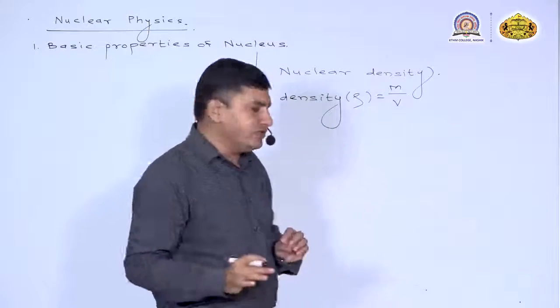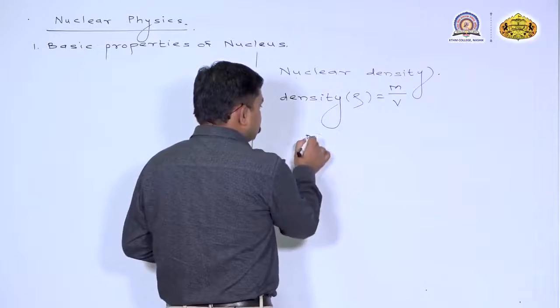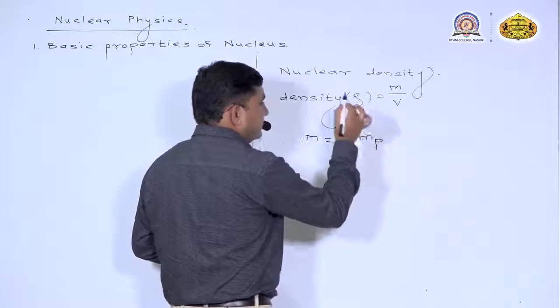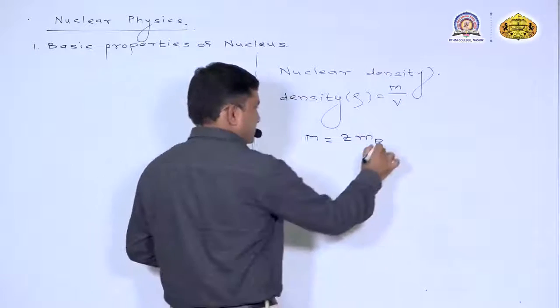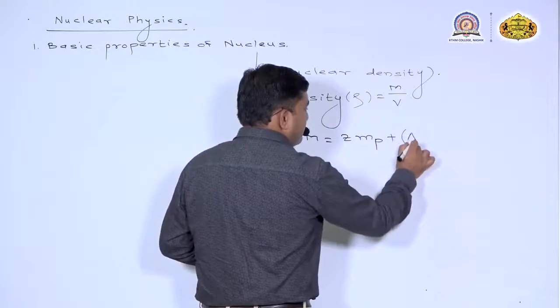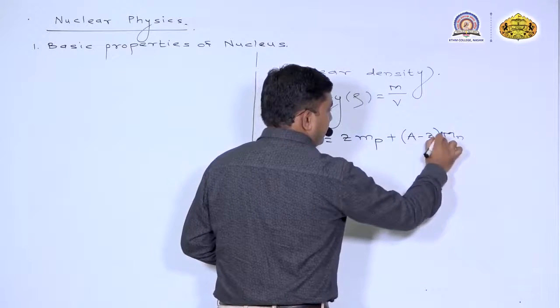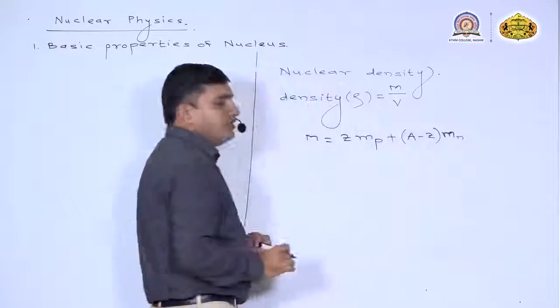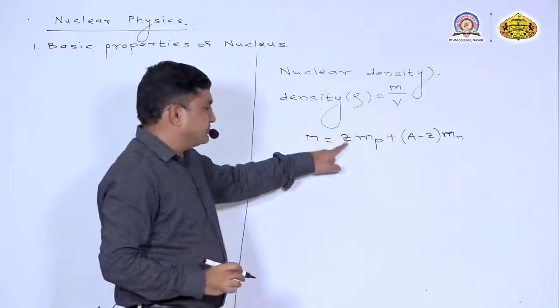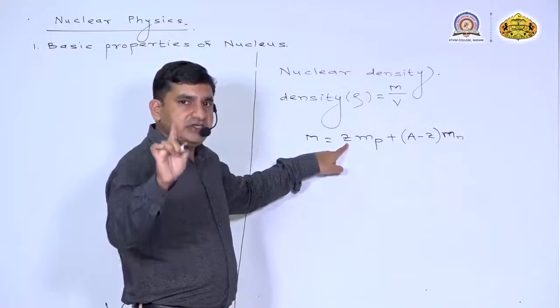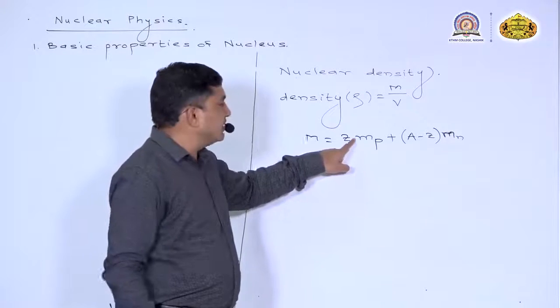The mass of a nucleus is Z Mp plus (A minus Z) into Mn, where Z means atomic number, that is the number of protons.